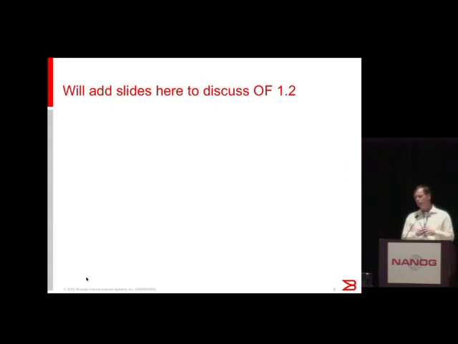A single TCAM-like table was the assumption of what existed in the switch. And people could get clever about how they programmed that table and maybe loop back around that table, which is slightly out of the standard, but you could do clever searching or matching and actions based on that. And most switches were able to support that, but it was complicated to achieve things because of that limited architecture.